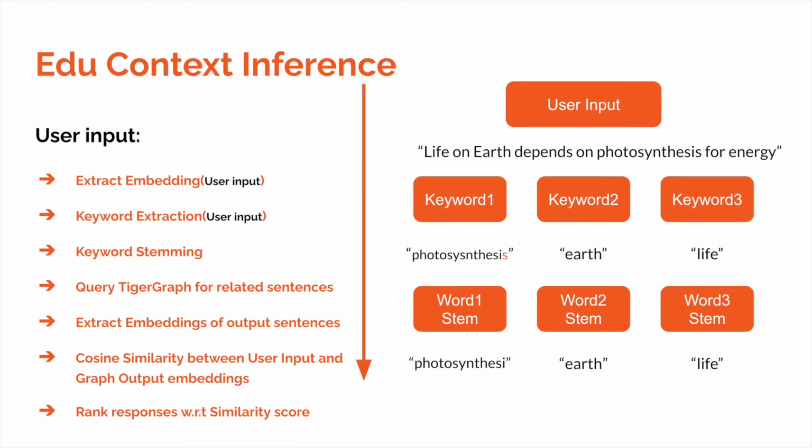When the user inputs a query, we extract keywords and then query TigerGraph for sentences connected to these keywords. We then convert the resulting sentences into embeddings using deep learning models to perform sentence similarity and show the topics with the best context match.